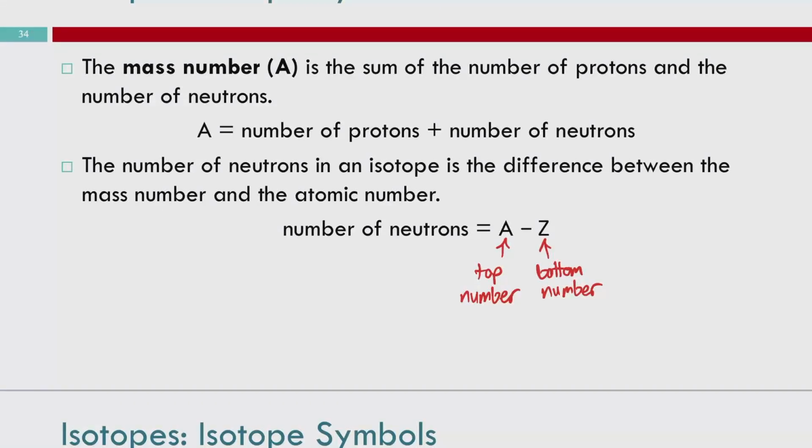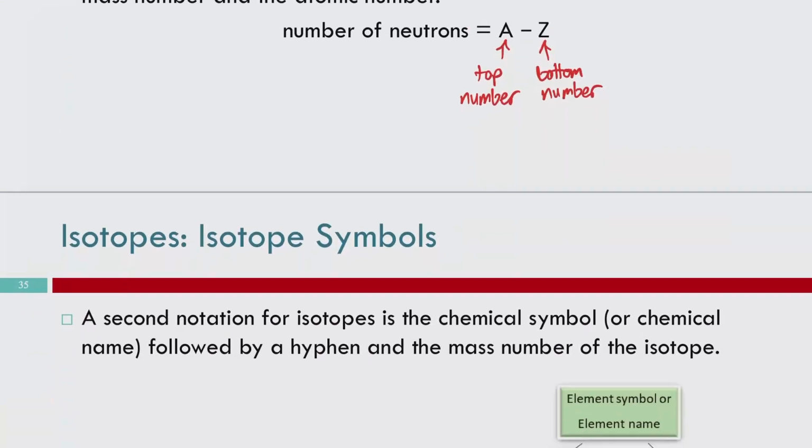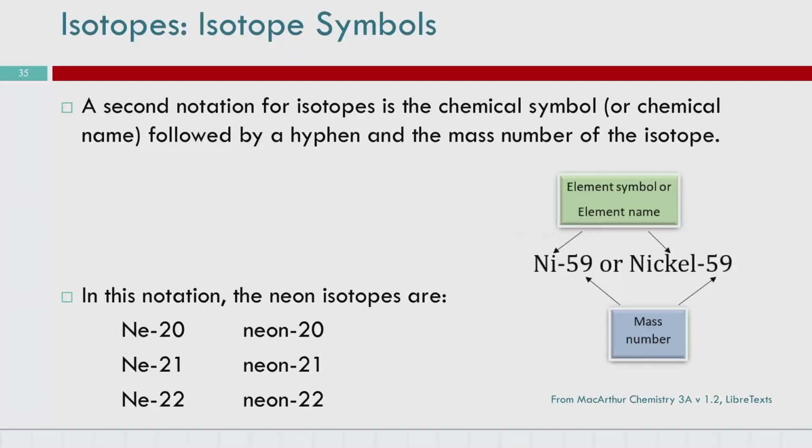There are also other isotope symbols. So that's one of the ways that we can write isotopes. There are some other ways that we can write them as well. We can use either the chemical symbol or the chemical name, so the 1 or 2 letter code or the full name.